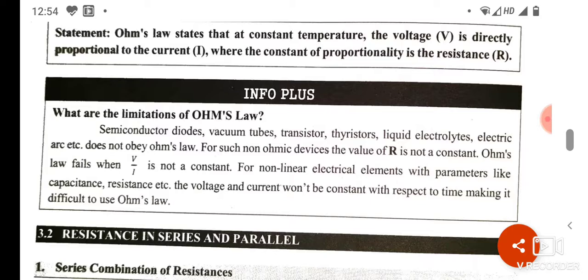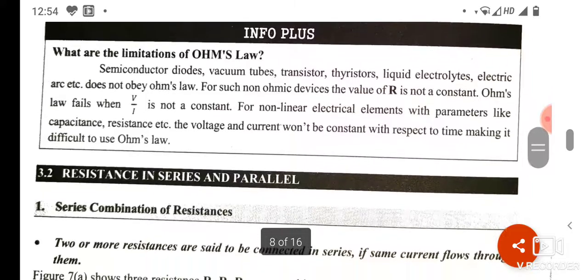Thyristors, liquid electrolytes, electric arc do not obey Ohm's law. So Ohm's law fails in devices like diodes, vacuum tubes, transistors, thyristors, etc.